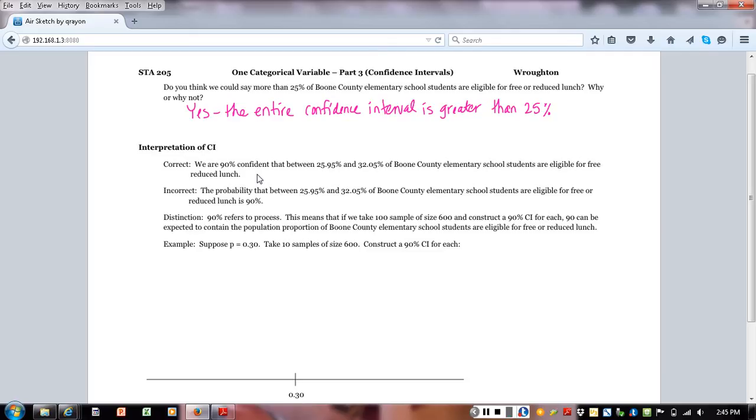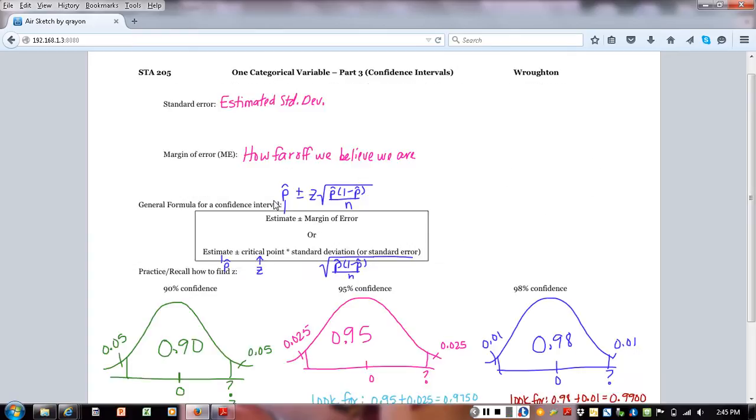Sorry, I have my numbers slightly off within rounding there, so don't be too worried about that. What people might want to say is the probability that between 25.95% and 32.05% of Boone County elementary school students are eligible for free or reduced lunch is 90%. So to understand that distinction, I'm going to go back to one of our first pictures that I had here.